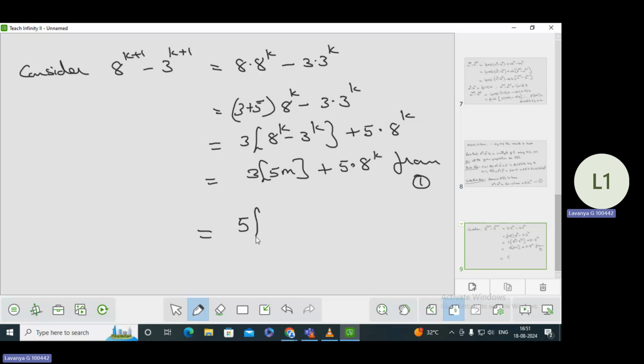So 5 could be taken common. So it is 5(3m + 8^k). Therefore, P(k+1) is divisible by 5. This is what you have to show. Hence, by mathematical induction, the result is true.